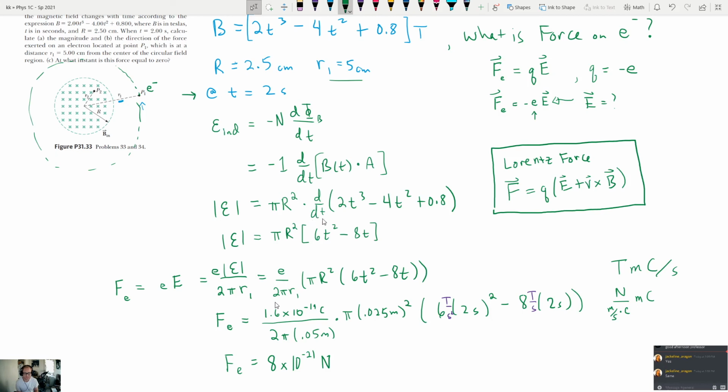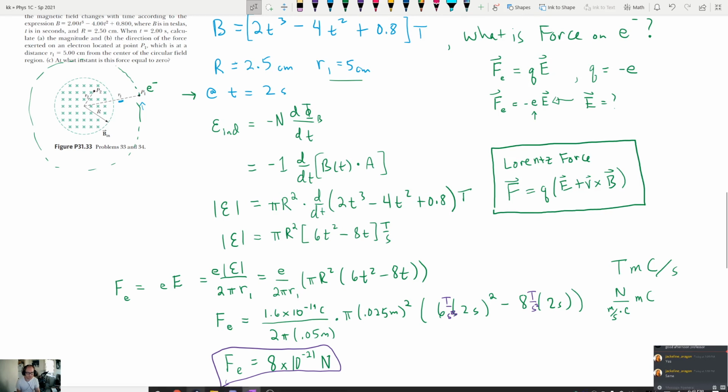This is like dividing by time, so it's a rate of change. The units of this thing are going to be Teslas per second, basically. So I'm just going to go back and fix my units here, because this should have been a 3, and this should be squared, and then it'll work out. Anyway, it's always good to check your units to make sure you're not doing something silly, like I was doing there. Okay, so that's the size of the force.